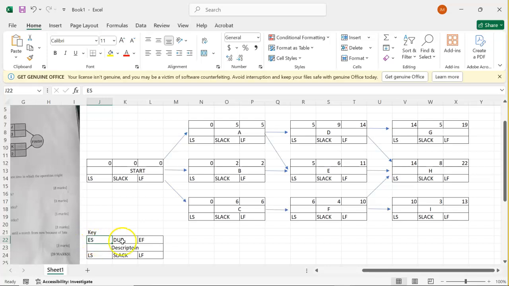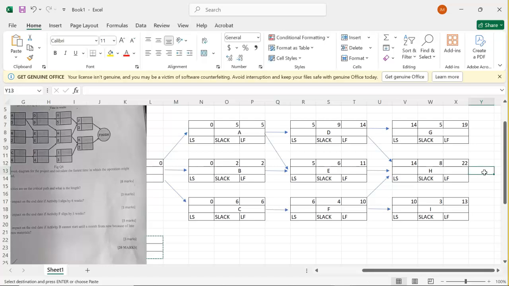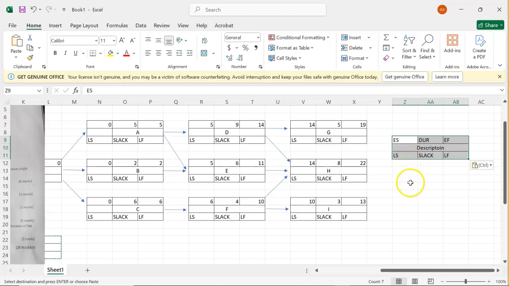Then we have 2 projects there. Almost 3 projects remaining there. So we have J and K. Then we have finish there.